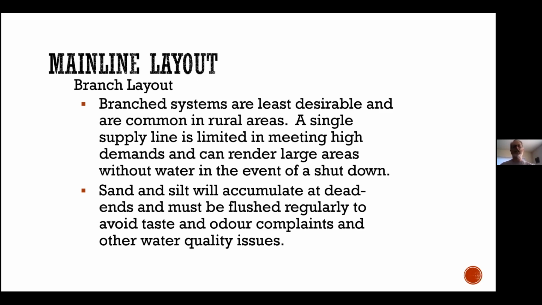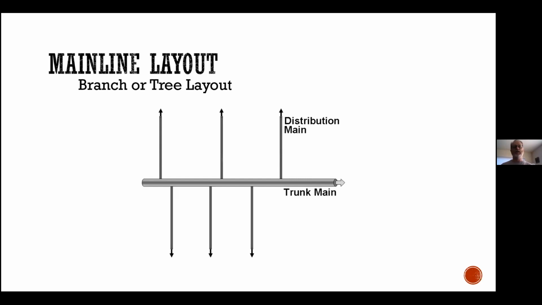It also operationally, if you have to shut down the main upstream here, everything downstream is isolated. So that's a fairly steep grade line, right? It's now crashed to zero. So not ideal, but quite common, especially in rural or agricultural areas, out of choice, because there's one supply and only one way to get water into a community. So that's a branch, typically, or a tree layout.